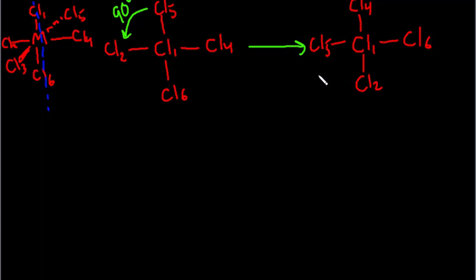Now, this here is a 90-degree rotation, and if we do that 4 times, we would end up with the exact same atoms in the same location. And this here, we call a C4 rotation. Now the 4, you can come up with it in 2 ways.